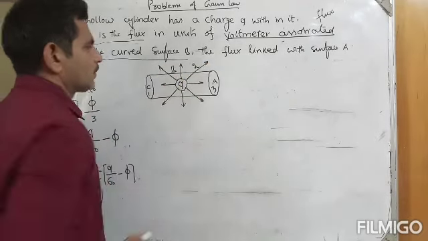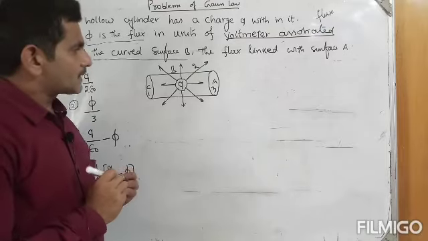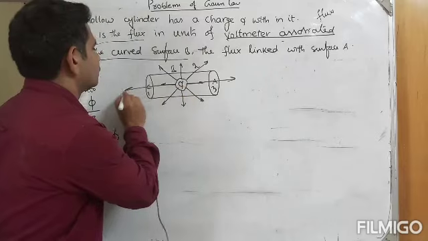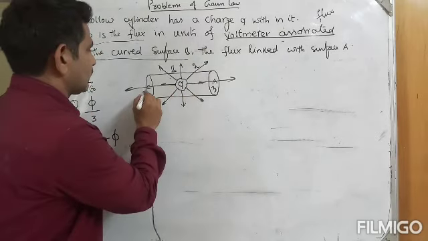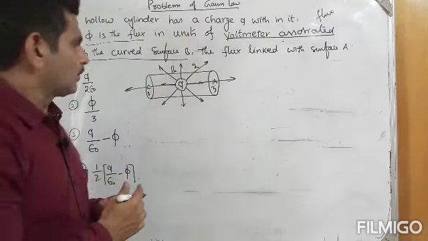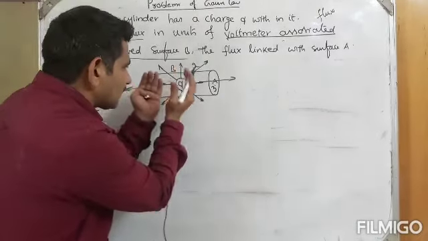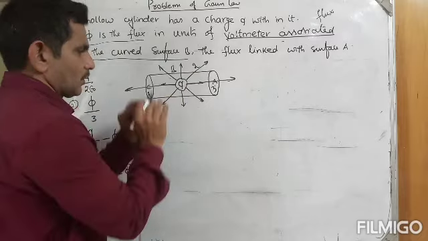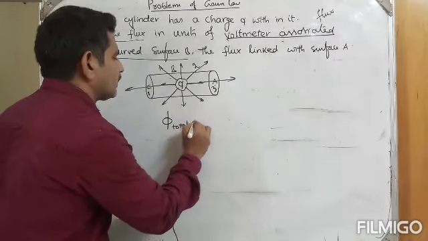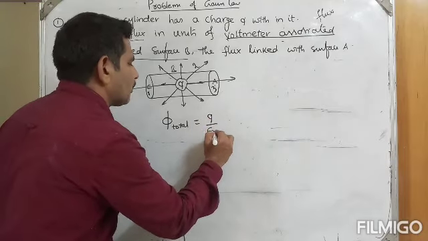This flux is passing through 3 parts: 1, 2 and 3. If Q is completely inside the closed surface, the flux created will be Q by epsilon naught.